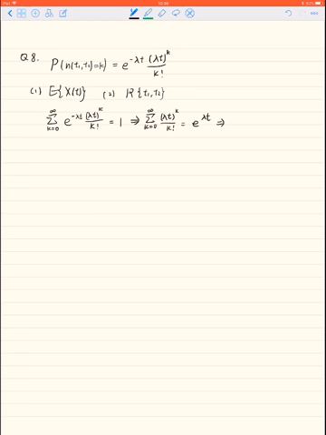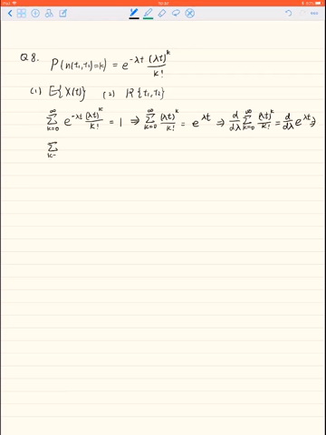Then we can take the derivative with respect to lambda on each side. That is d by d lambda of the sum over k from 0 to infinity of (lambda t) to the power of k divided by k factorial equals d by d lambda of e to the power of lambda t.